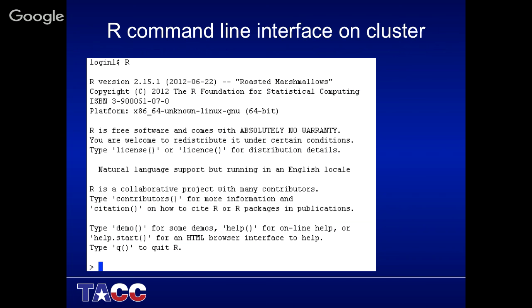So the basic interface to R was traditionally this command line interface. If you would go on your shell in your Unix machine or Linux machine, and if you had installed R, and you just type R at the command line, you would see a prompt like this.